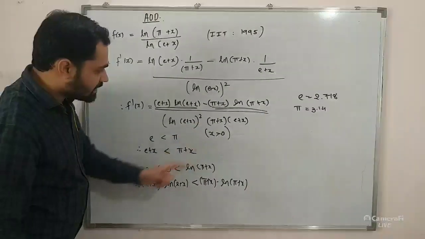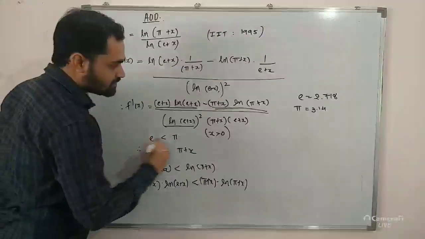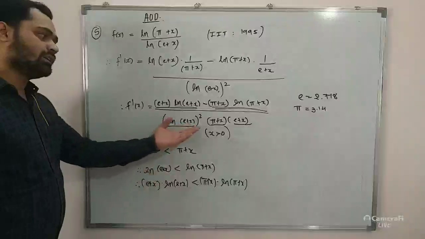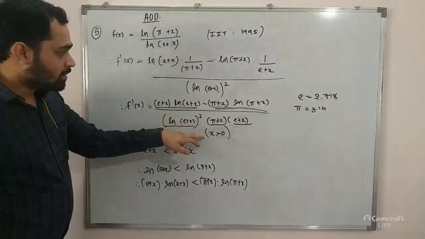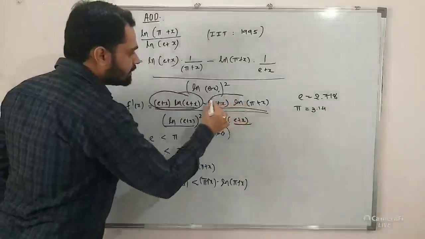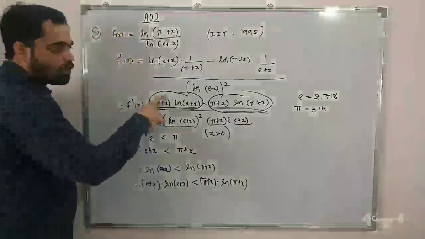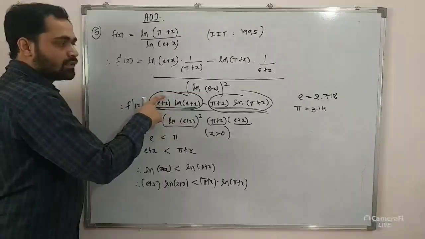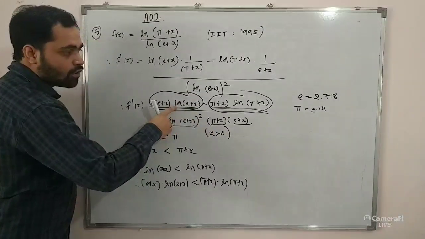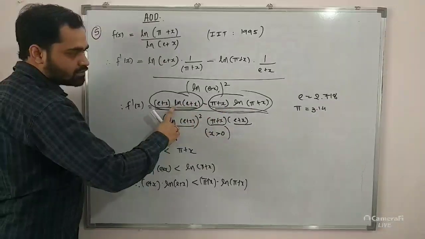If x is greater than 0, then this term is positive, this term is also positive, and this term is also positive, so the whole denominator is positive. But in the numerator, this term is lesser than this term, so a larger number is subtracted from a smaller number.